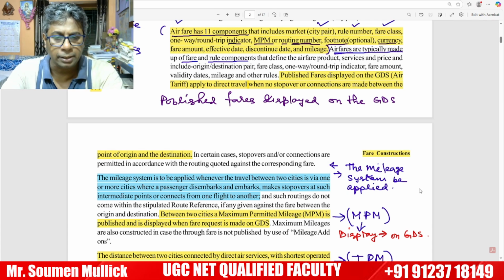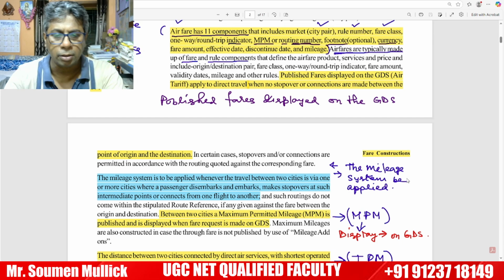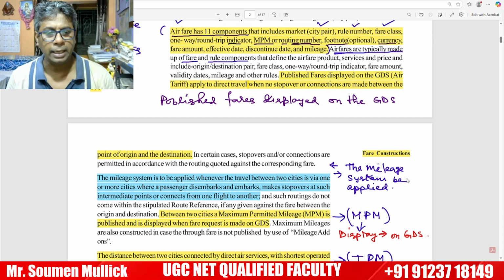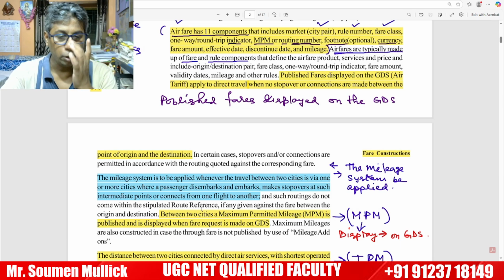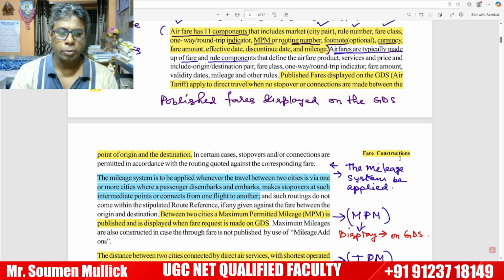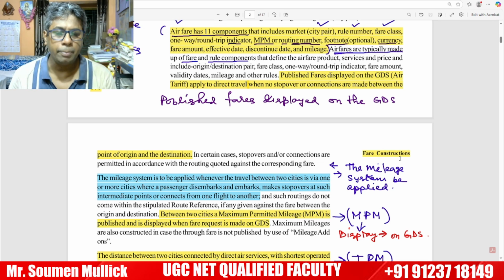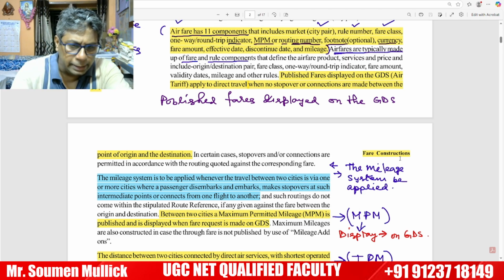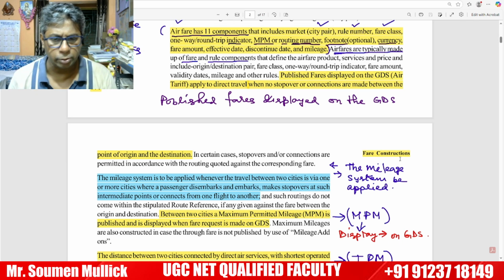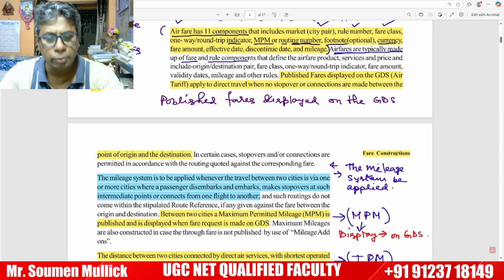Whenever the travel between two cities is via one or more cities where the passenger disembarks or embarks and makes a stopover at such an intermediate point or connects from one flight to another. When the passenger travels via one or more cities and embarks, disembarks or makes a stopover, in this intermediate and connected situation from one flight to another, the mileage system will be applied.